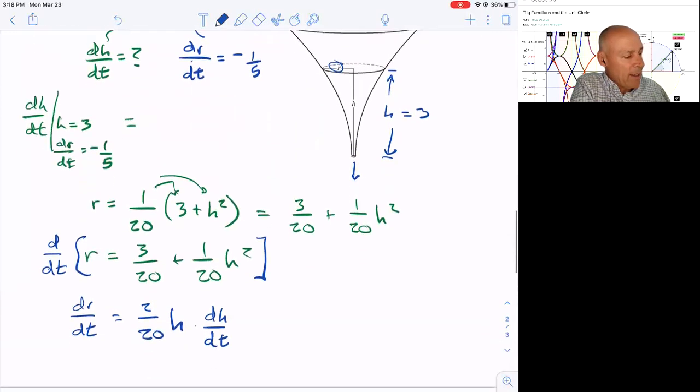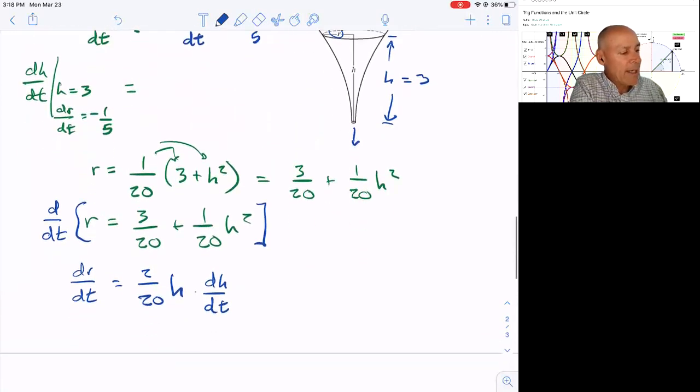And I'm glad, because I need those three things to show up. I need dh/dt, because that's what I'm looking for. I need h equals 3, because that's one of the variables in my equation. And I also need dr/dt, because that's the third variable. So now I'm covered: asked to find dh/dt, and I'm given dr/dt and h.